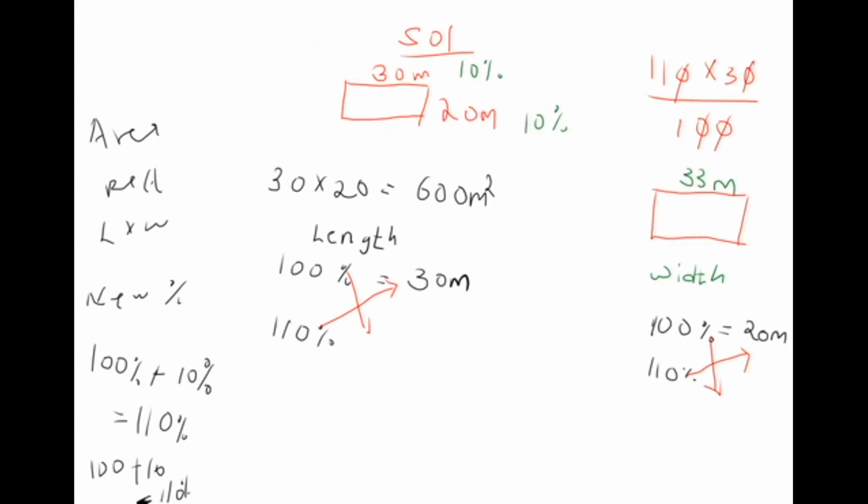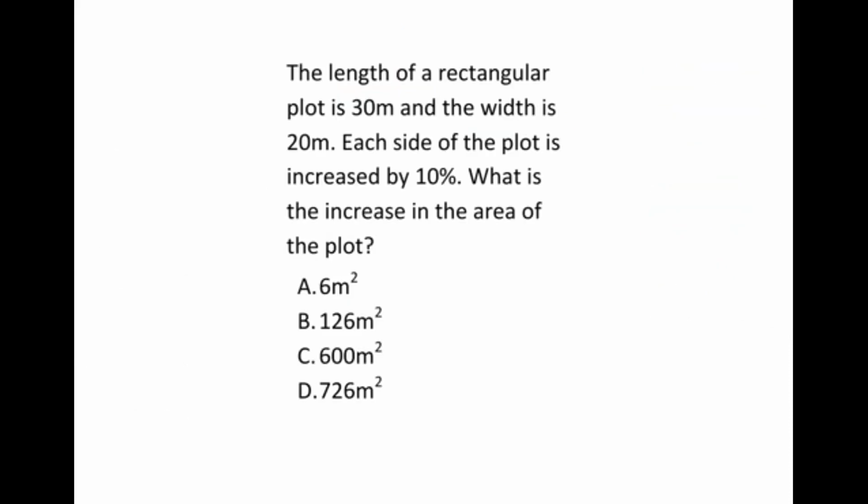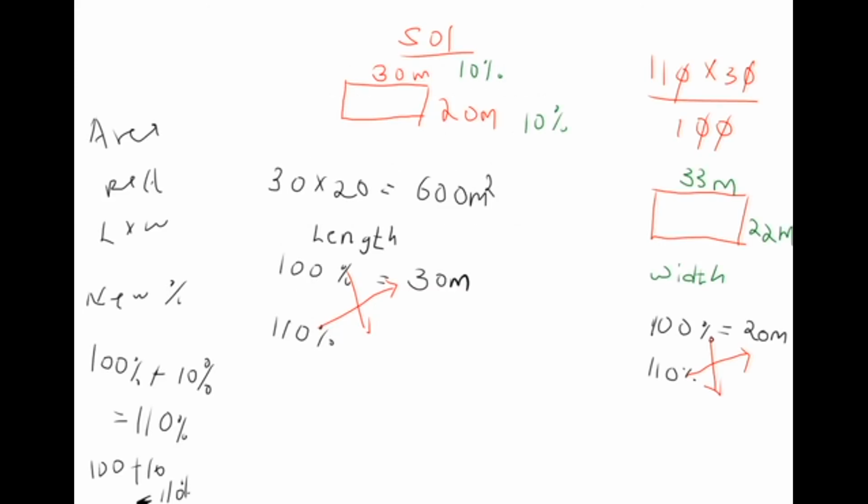Therefore, the width after the increase will be 22 meters. Then we are asked to give the increase in the area of the plot. Therefore, let us get the area of this plot now after the increase.